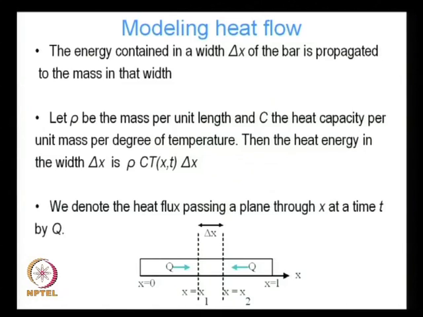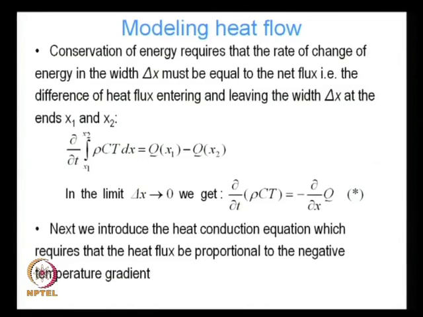And we denote the heat flux passing a plane through x at a time t by q. So, this is my little width delta x, it is bounded by those two planes, and then I have heat flux through these planes. Conservation of energy requires that the rate of change of energy in that width delta x must be equal to the net flux.